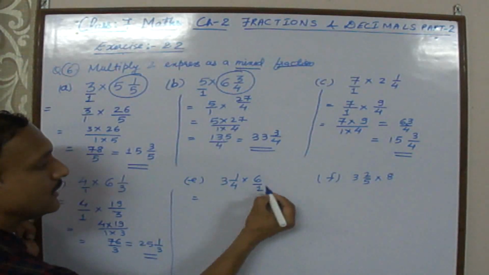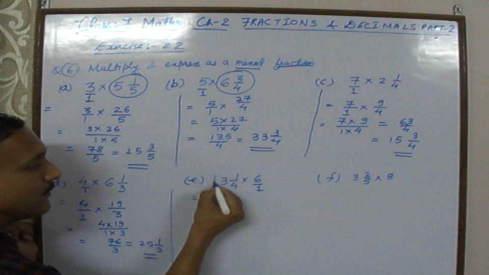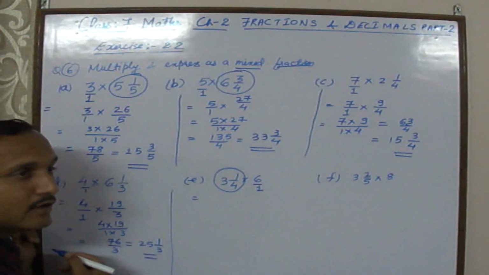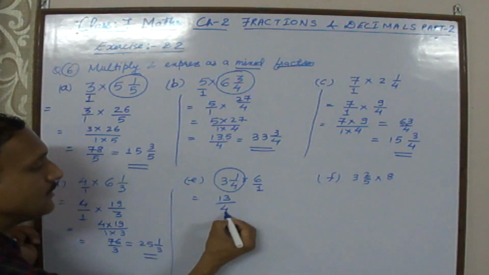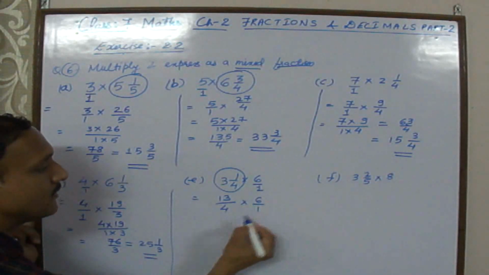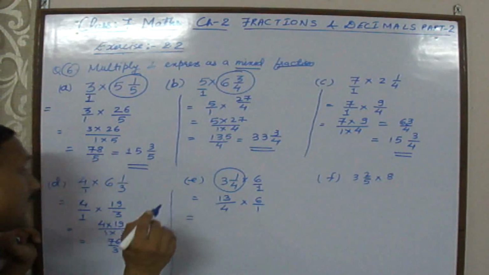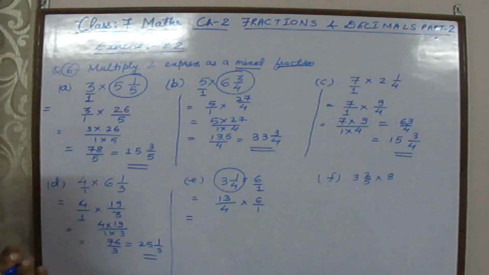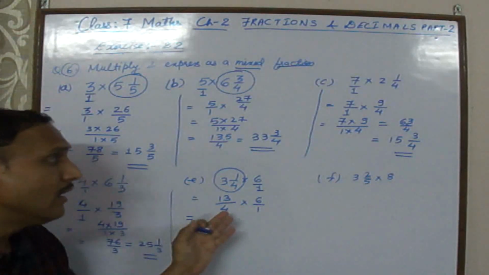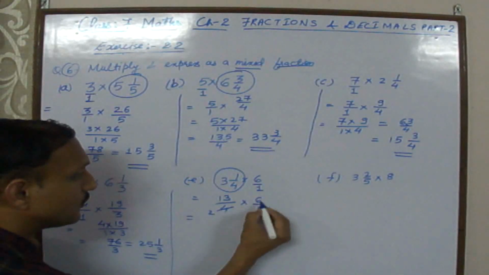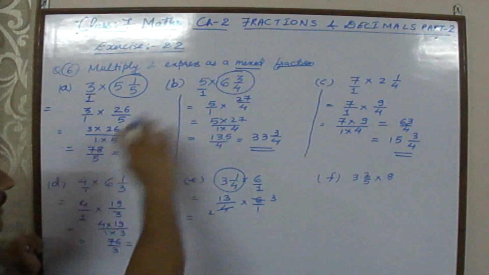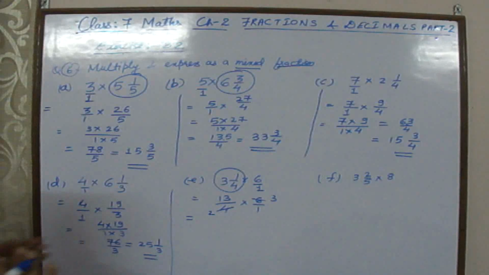Same for this one. Put 1 as denominator. Convert mixed fraction to improper fraction. 3 fours are 12 plus 1, 13. 13 by 4 into 6 by 1. Multiply, and if possible to cut, then cut first. Every time you see that some numbers are easy to simplify, then cut it. In the rest of the questions it is not possible, so we have directly multiplied.